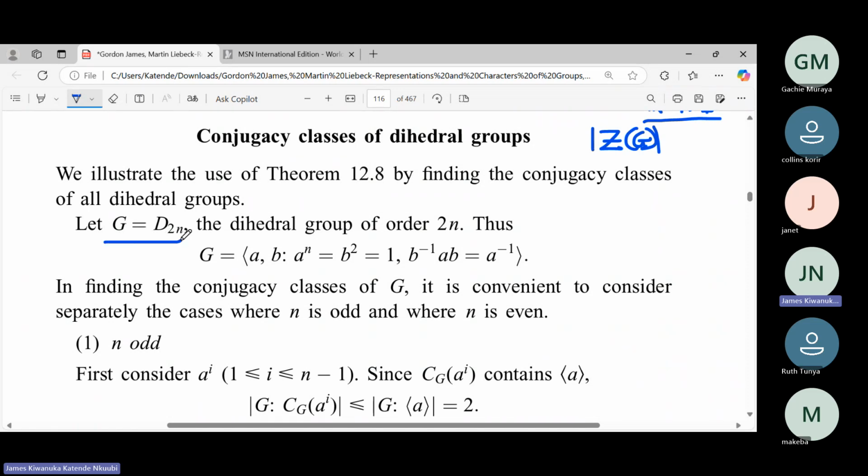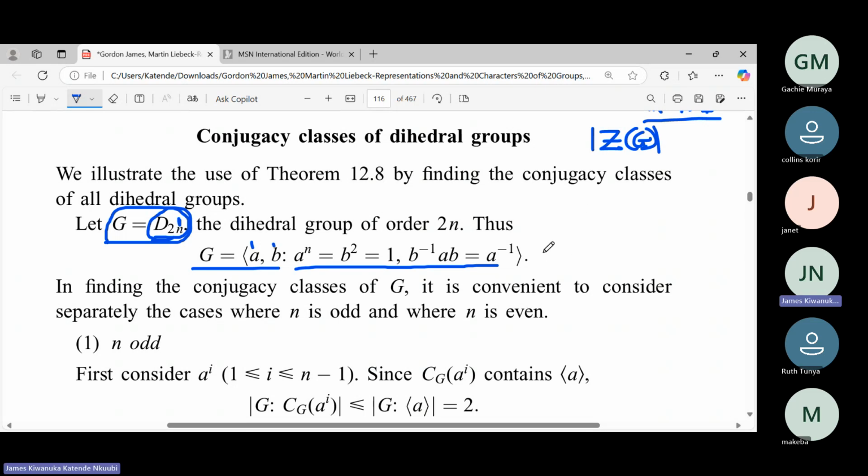So now we will look at the symmetries of a regular polygon with n sides in general. That is D2n, the dihedral group of degree n. That is the symmetries of a regular polygon that is n-sided. These symmetries can be generated by two elements, a and b, with these relations that generate the whole group.